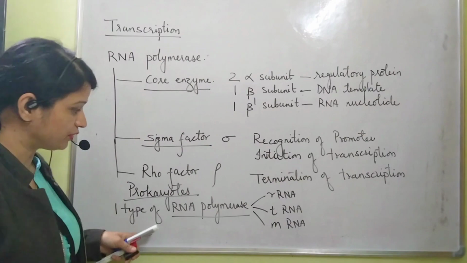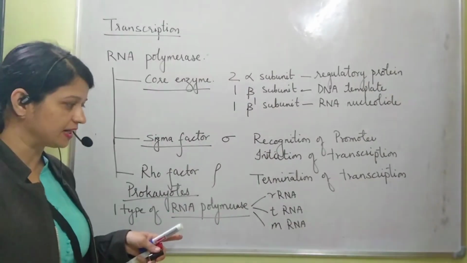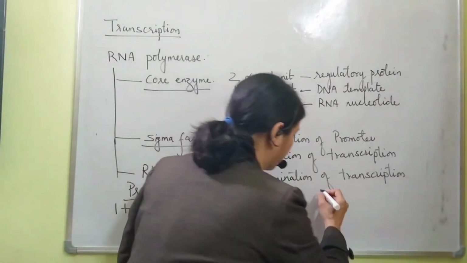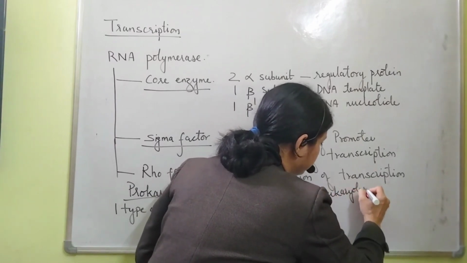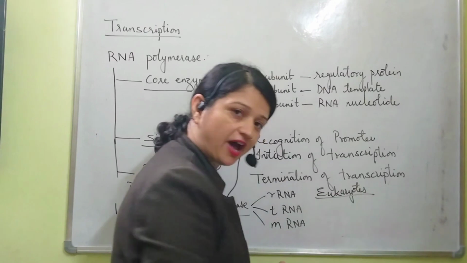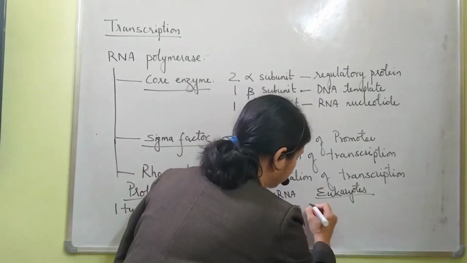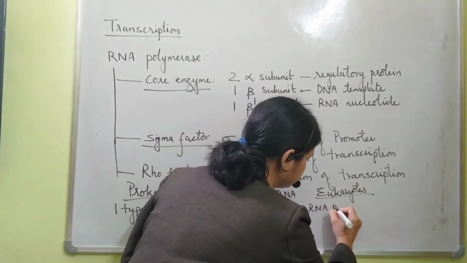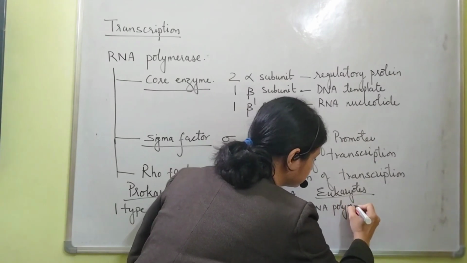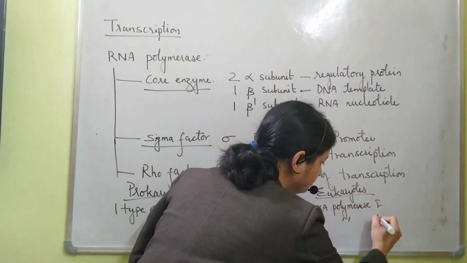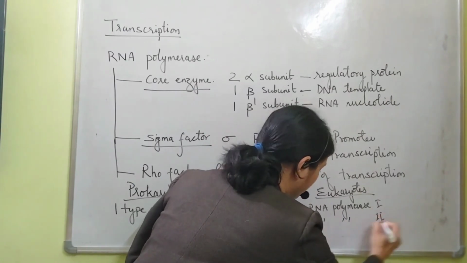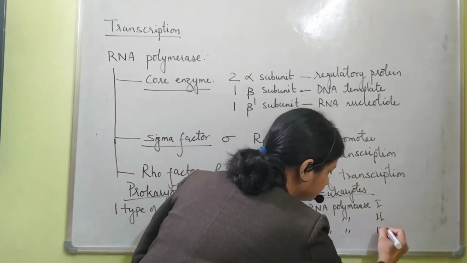So in prokaryotes, there is only one type of RNA polymerase, but in eukaryotes, there are 3 types of RNA polymerase: RNA polymerase 1, RNA polymerase 2 and RNA polymerase 3.